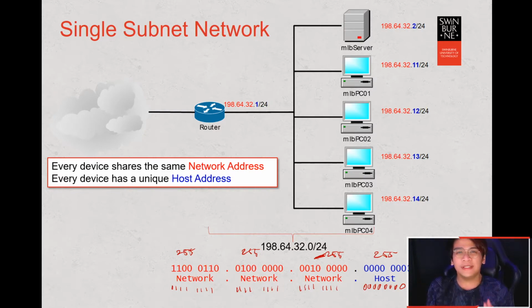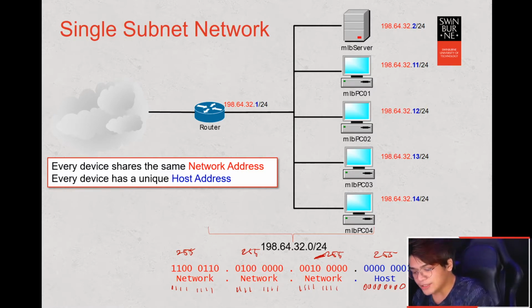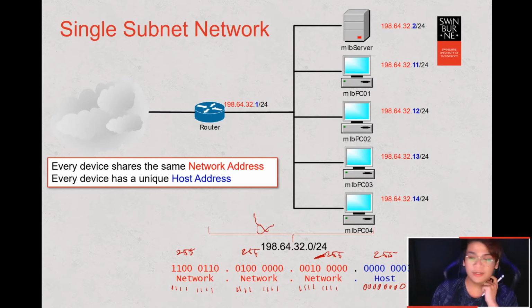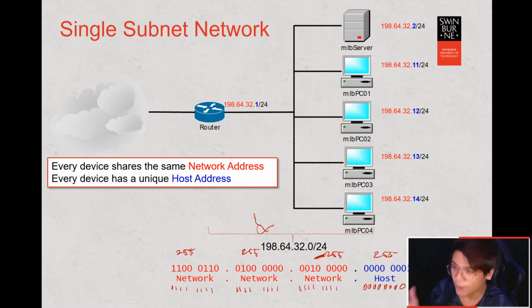Okay, the first thing that you already know about is a single subnet network. For example, we have here 198.64.32.0/24. That is your network ID, your subnet ID, your network address.